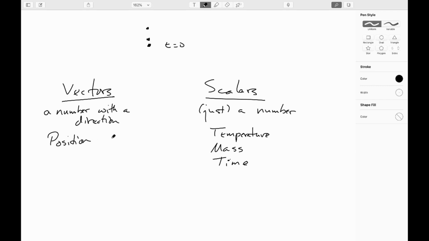We'll do this a little more rigorously in a moment, but maybe a way to think about position is, when you're going down a freeway, you know how they have the markers along the freeway every mile to tell you where you are along the freeway in case you get in an accident or whatever. You can call and say, hey, I'm at mile marker 27. I need some help.